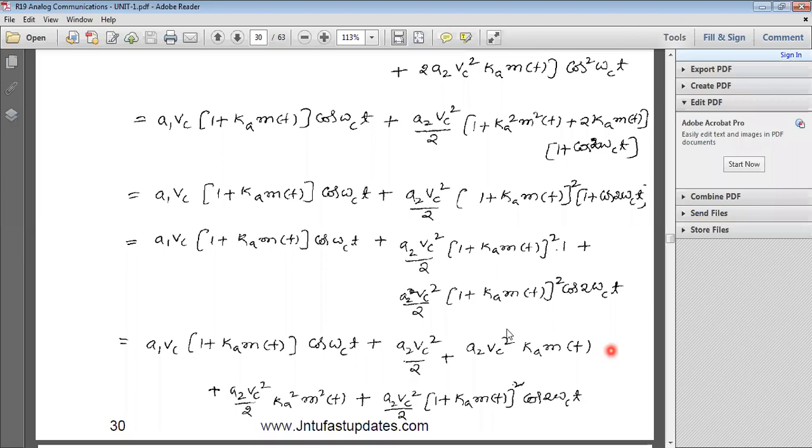Now in the next step, you multiply it with A2 Vc square by 2. So that is A2 Vc square by 2 into 1, so it becomes A2 Vc square by 2 plus the next term. When we multiply with the next term, we have A2 Vc square by 2 into Ka m of t.